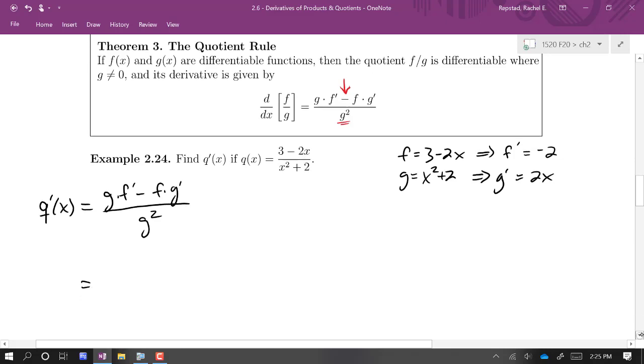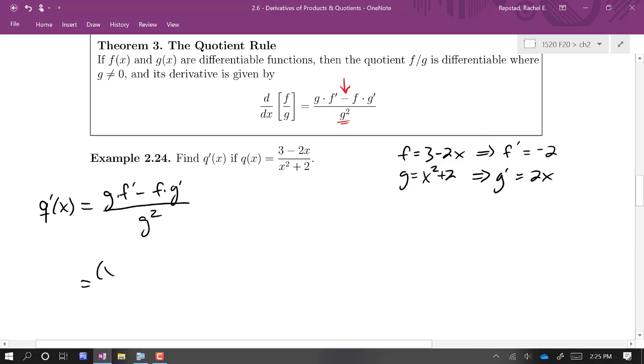So now I'm going to just plug in the expressions I need from the work I did over on the right. G times f prime, that's (x squared plus 2) times -2, and then I'm subtracting f times g prime, that's (3 minus 2x) times 2x. On the bottom, we have g squared.